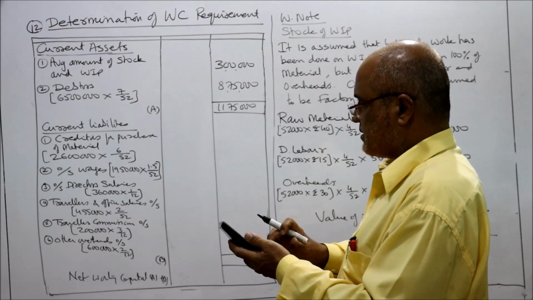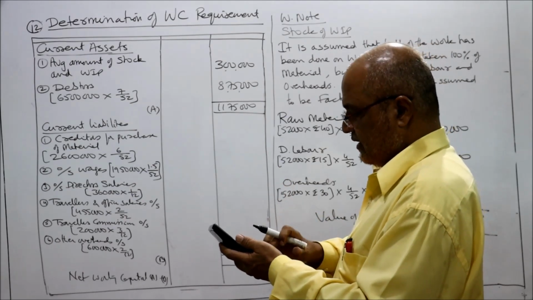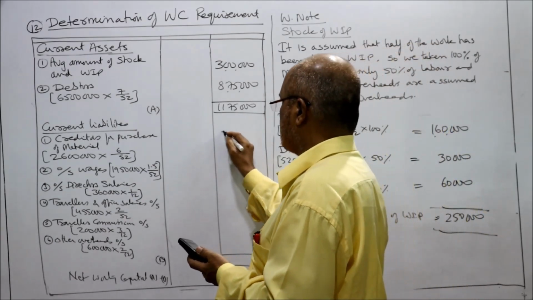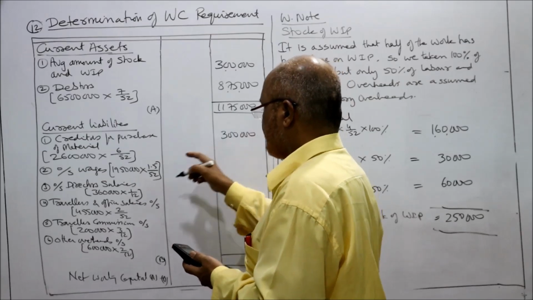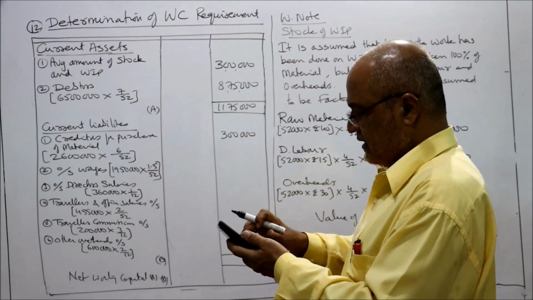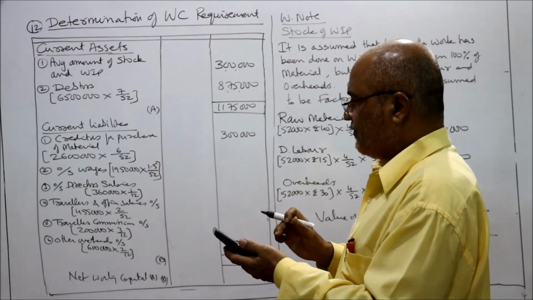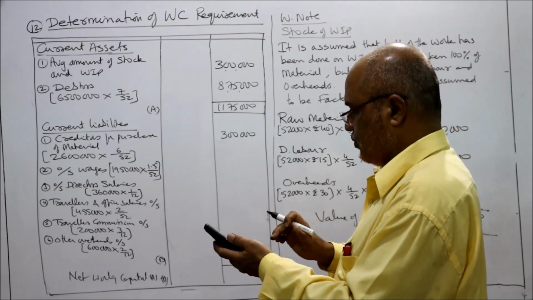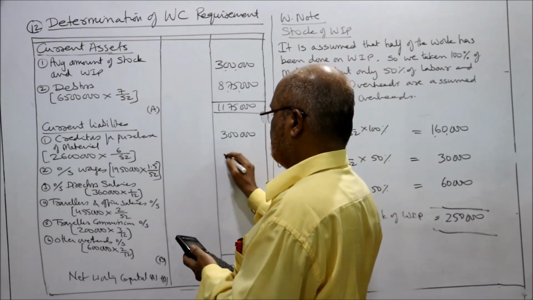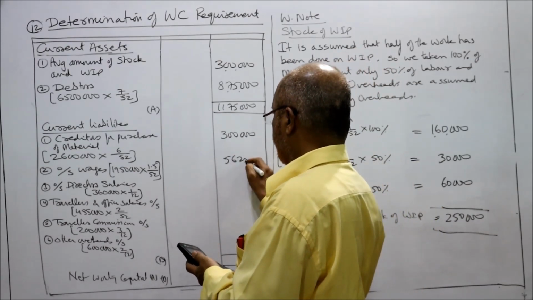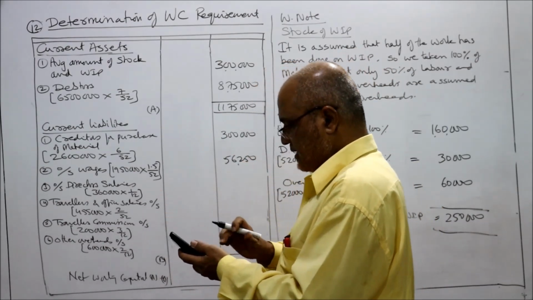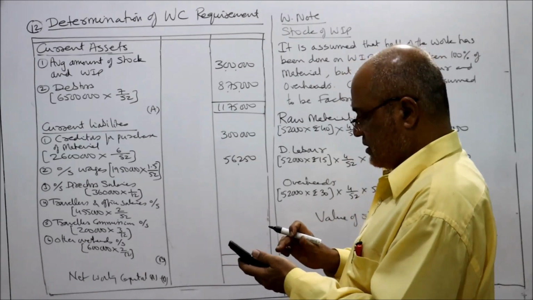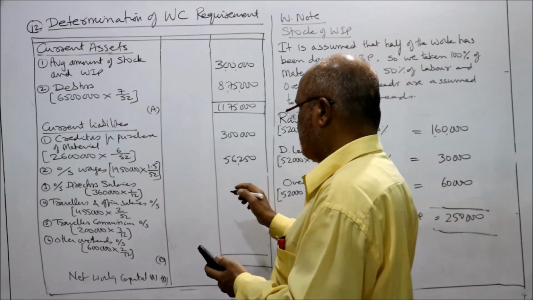26 lakhs into 6 divided by 52, 3 lakhs. Then 19 lakh 50,000 into 1.5 divided by 52, 56,250. 3 lakh 60,000 divided by 12, 30,000.